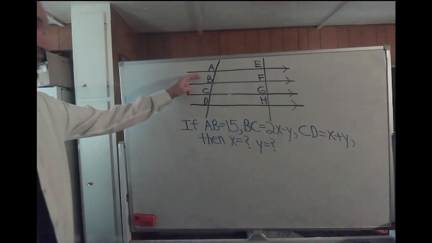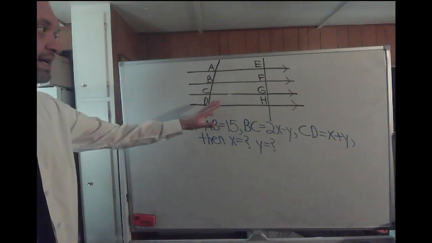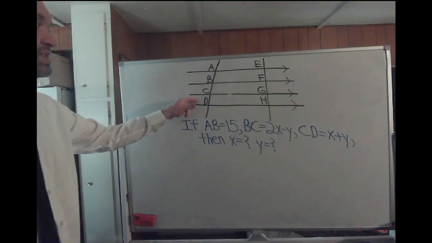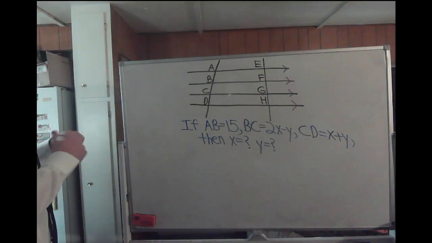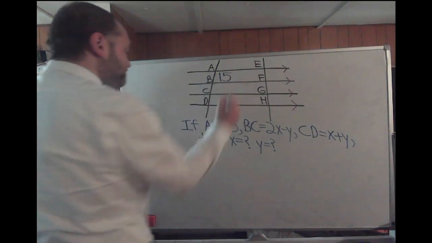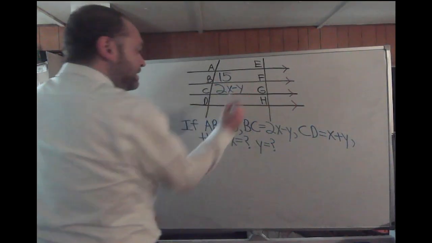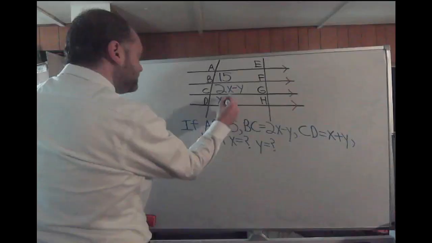Again, we know that each segment of this transversal, these four parallel lines, cut three congruent segments on each of these transversals. So let's go with what we know. AB is 15, BC is 2x minus y, and then CD is x plus y.